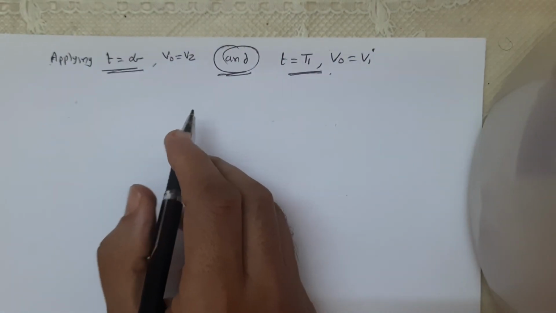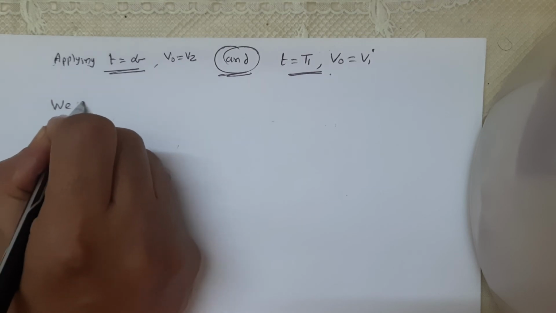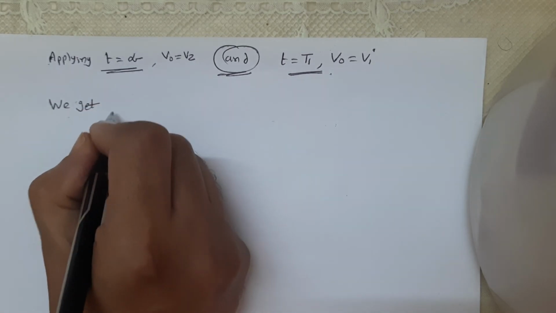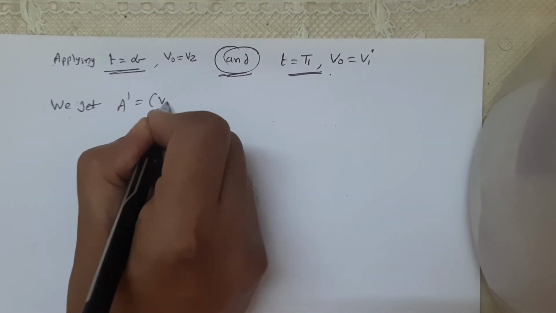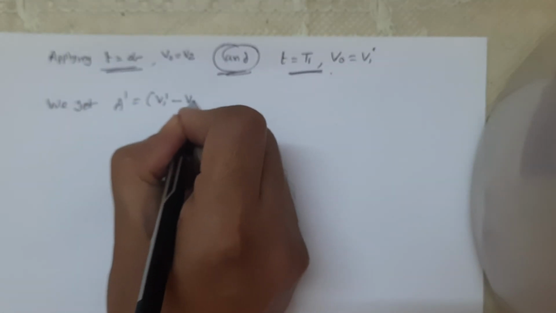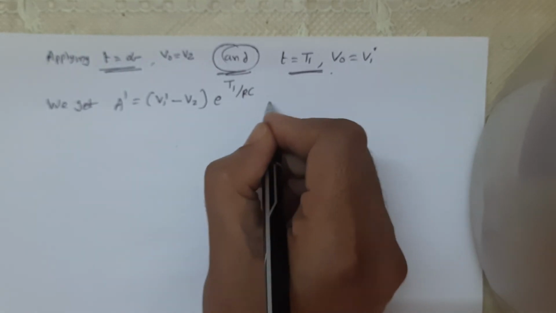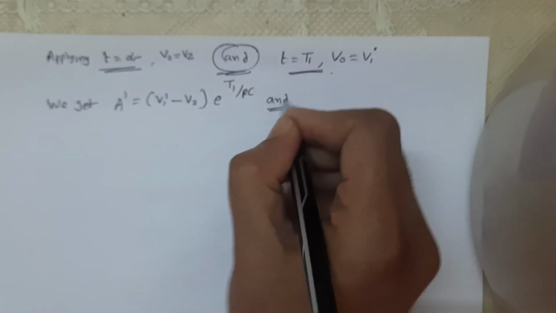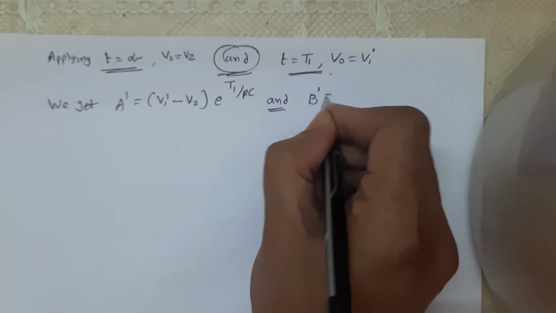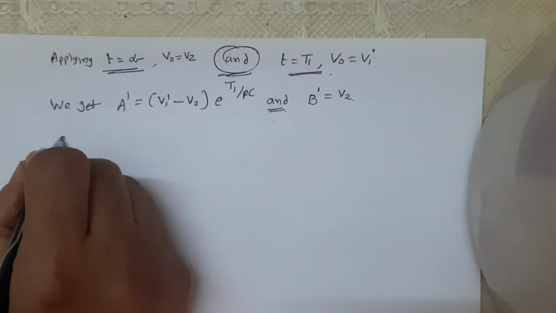Putting these values, we get A dash is equal to V1 dash minus V2 e raised to T1 upon RC, and B dash is equal to V2.